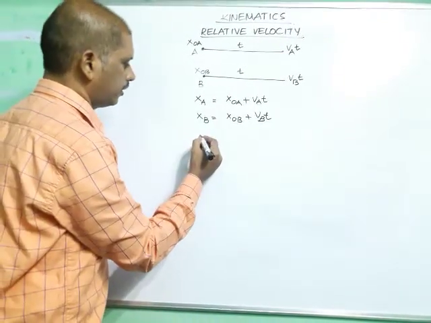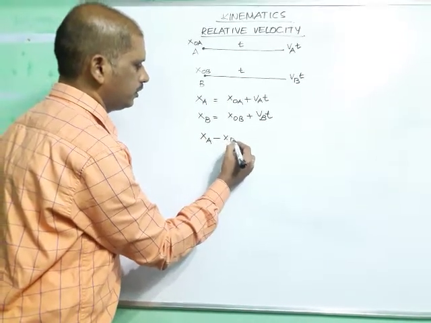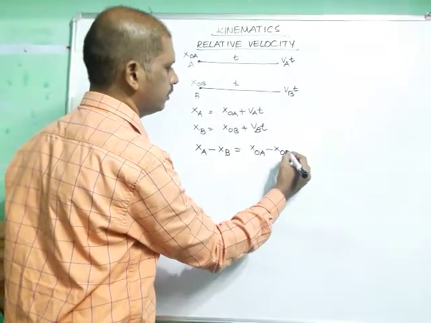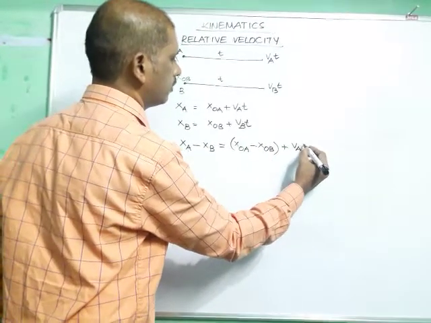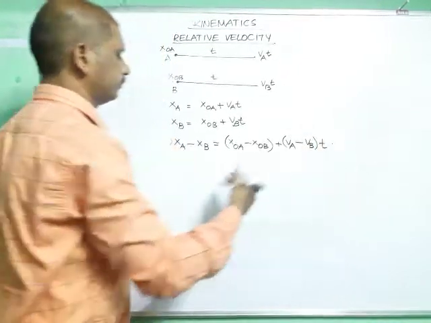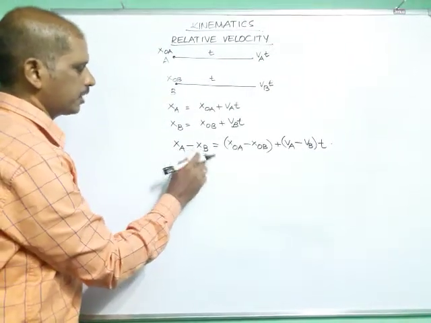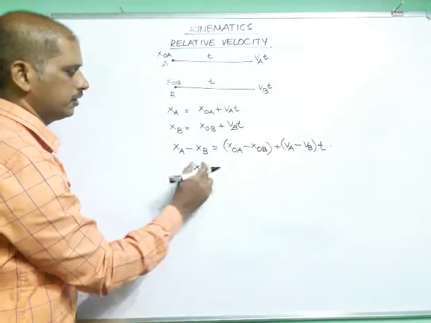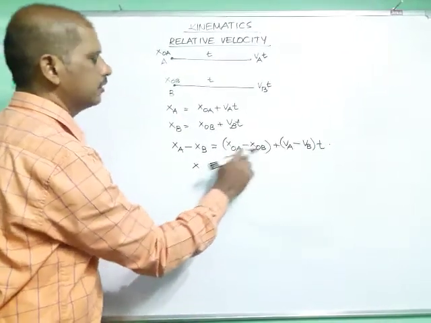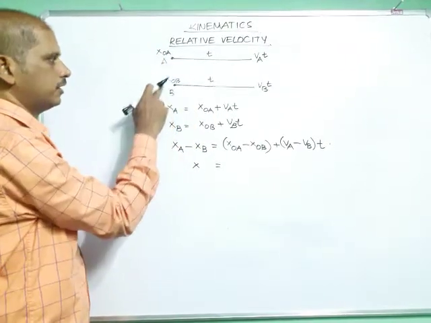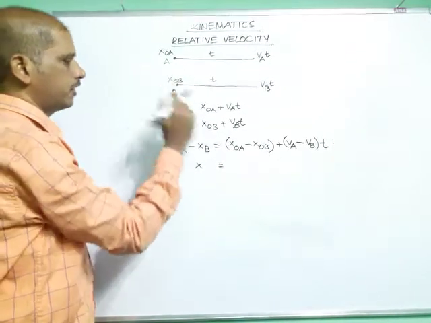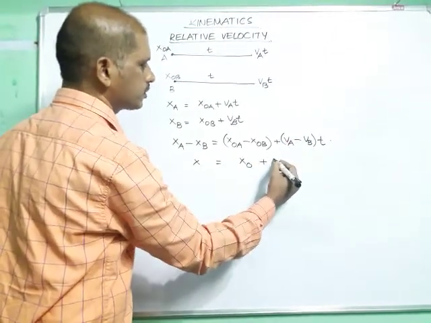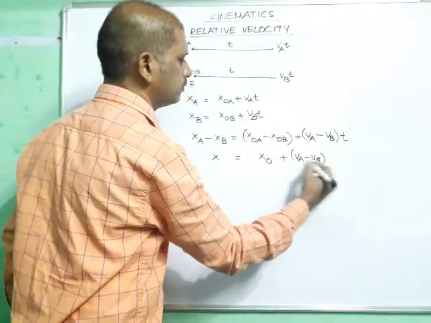So if you consider the difference XA minus XB, then it is XOA minus XOB plus VA minus VB into T. This XA minus XB is the position after traveling some time, given by the distance between the two objects A and B, denoted with X. XOA is the initial position of object A, XOB is the initial position of object B. So the difference is given by XO, the first position, plus VA minus VB into T.